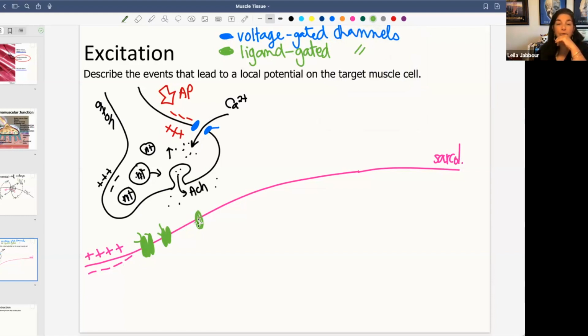These channels are going to work once you have the binding of the ligand. And in this story, the ligand is acetylcholine. There we go, acetylcholine. So acetylcholine released in the synaptic cleft is going to bind on the receptor portion of this ligand-gated channel. And then the channel opens. Boom, the door opens.